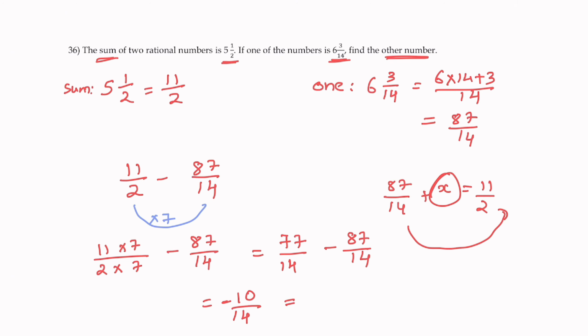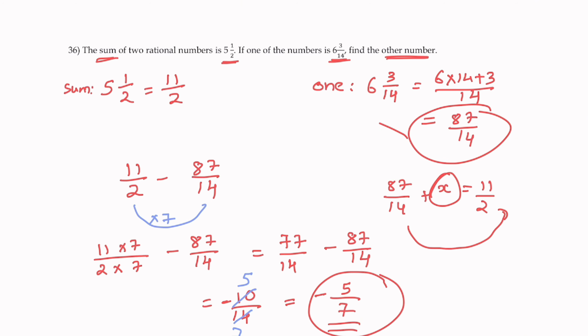I can further simplify because they both have a common factor. So this is 2 times 5 and this is 2 times 7. So my other number is a negative number, minus 5 over 7. So when you add this number here and this number here, you are going to get the total over here.